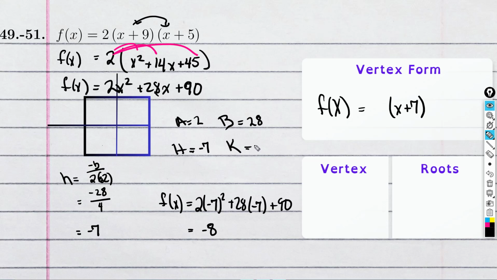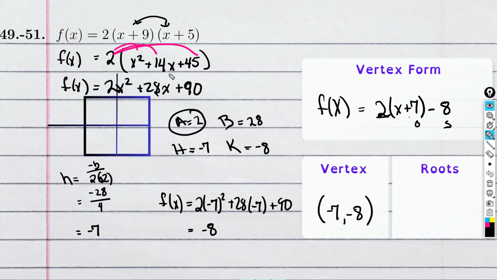And so that's my k. And that's what's subtracted out here. This number here is a. And so my a was 2. And that's what helps us find our vertex. Opposite, same. And so negative 7, comma, negative 8.